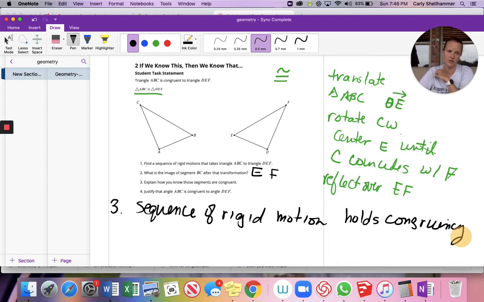Everything stays congruent. Okay? And then justify that angle ABC is congruent to DEF. ABC is right here, and DEF is right here.